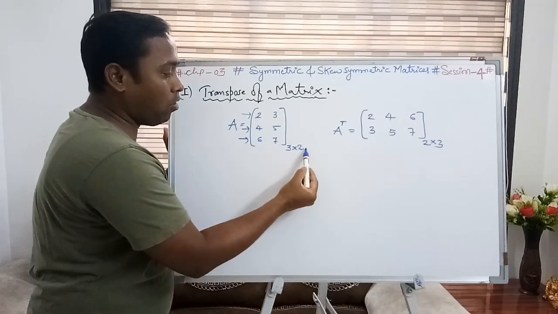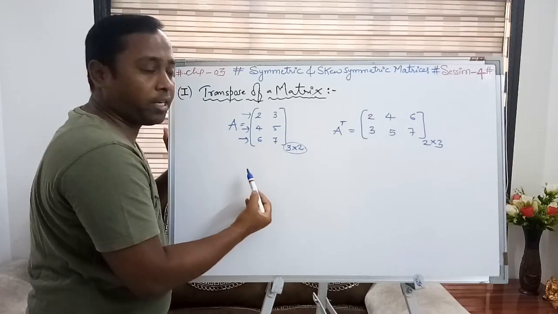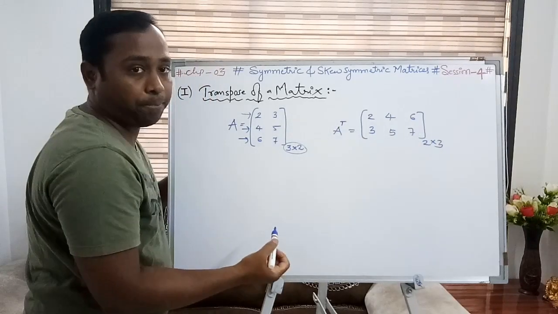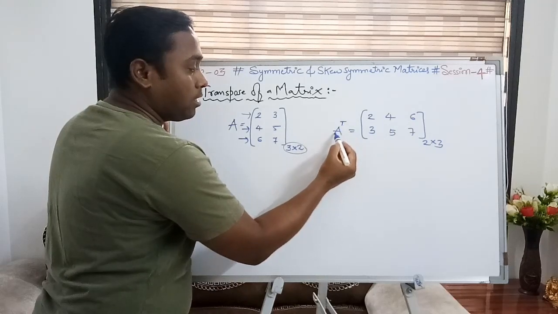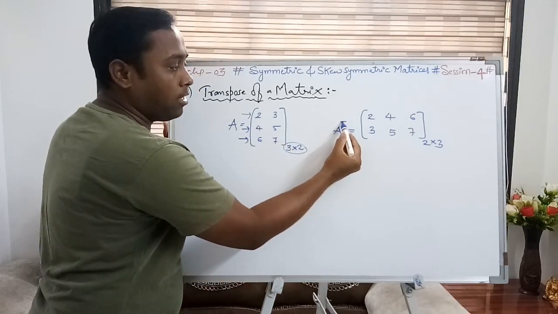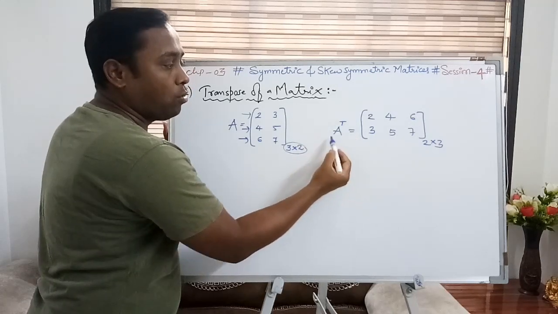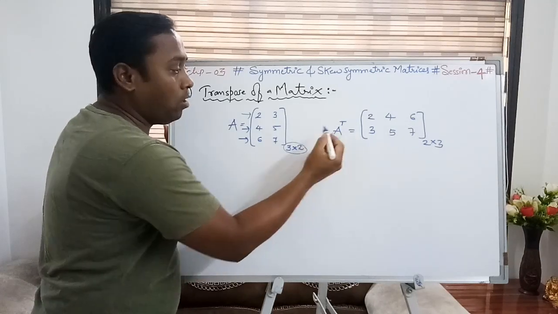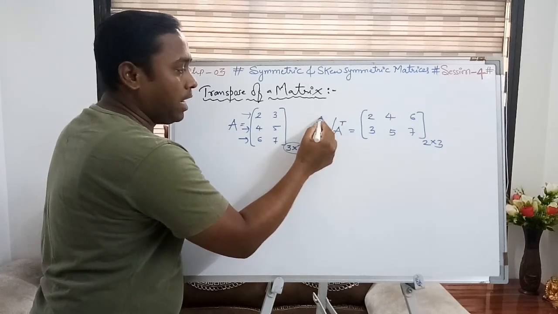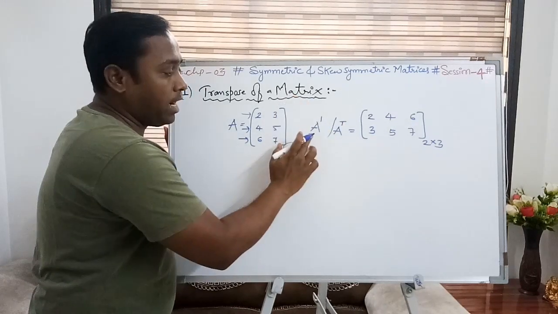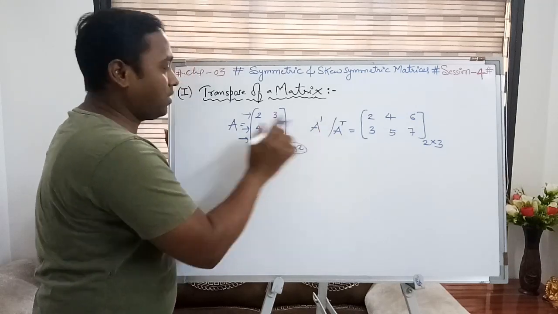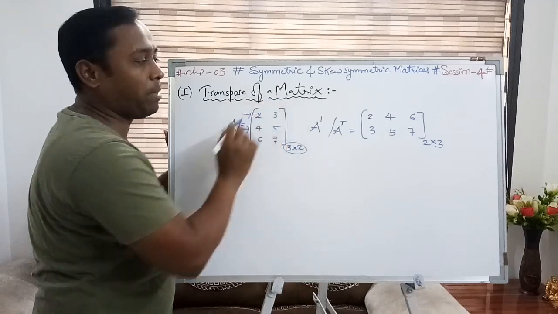It means if the order of the given matrix is 3 by 2, its transpose order becomes 2 by 3. The transpose of a given matrix is represented by writing a capital T over the matrix symbol, or in some cases we also use A dash. So A dash or A transpose are the symbols used to represent the transpose of a matrix.